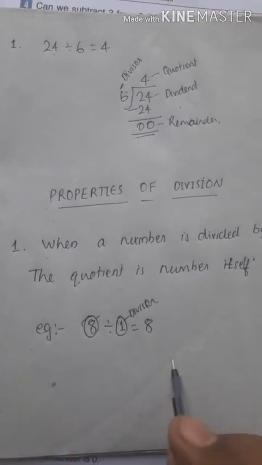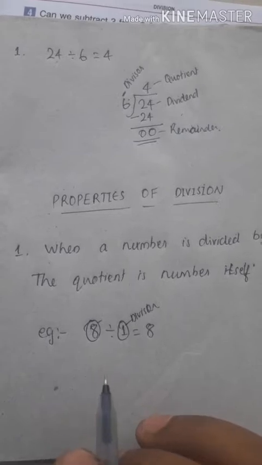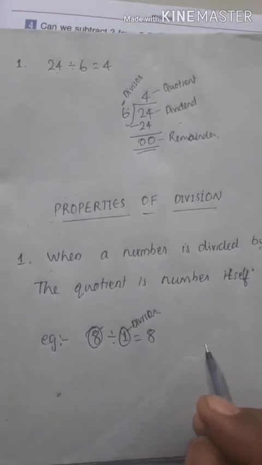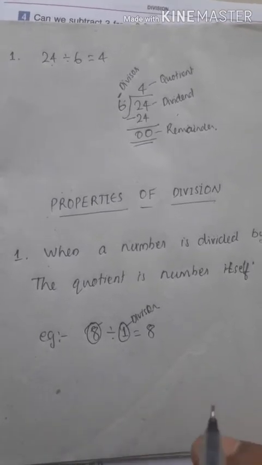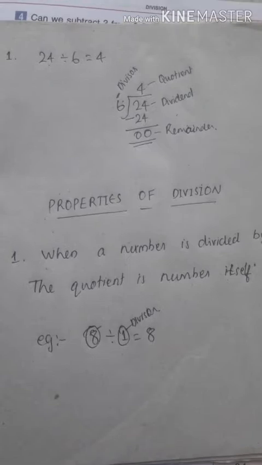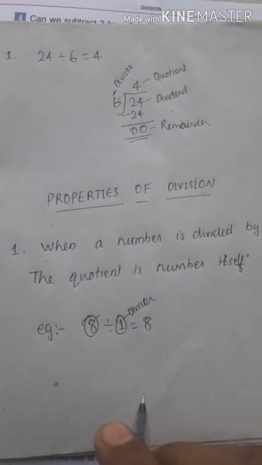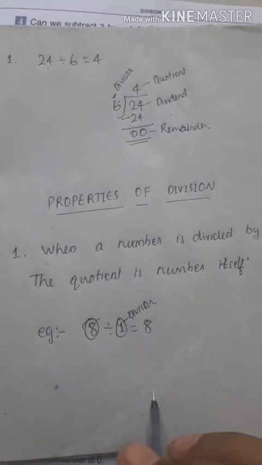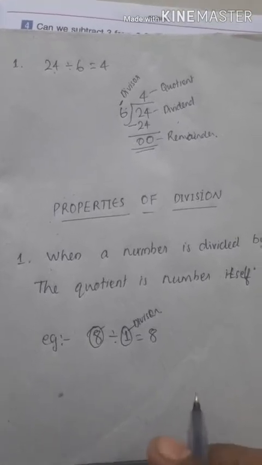Once again, here the divisor is 1. So whenever the divisor is 1, the dividend and the quotient will be the same number. Understood? The quotient is going to be the exact same number as the dividend when the divisor is 1.